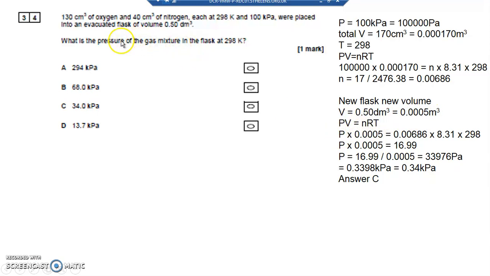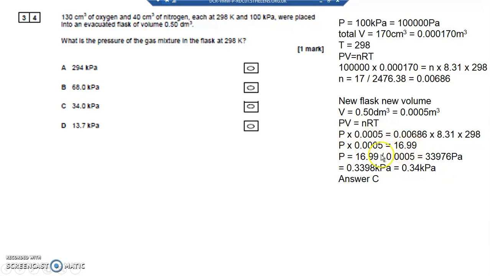Pressure times volume equals nRT. I need to find the pressure, so pressure I don't know. Volume is 0.0005, which I've just worked out. n is the number of moles. That hasn't changed. All I've done is change the size of the flask, so the number of moles I worked out originally is 0.00686. Gas constant hasn't changed. Temperature hasn't changed. Let's multiply all those out: 16.99. It's important to multiply them all out first on your calculator, then you're less likely to make a mistake.